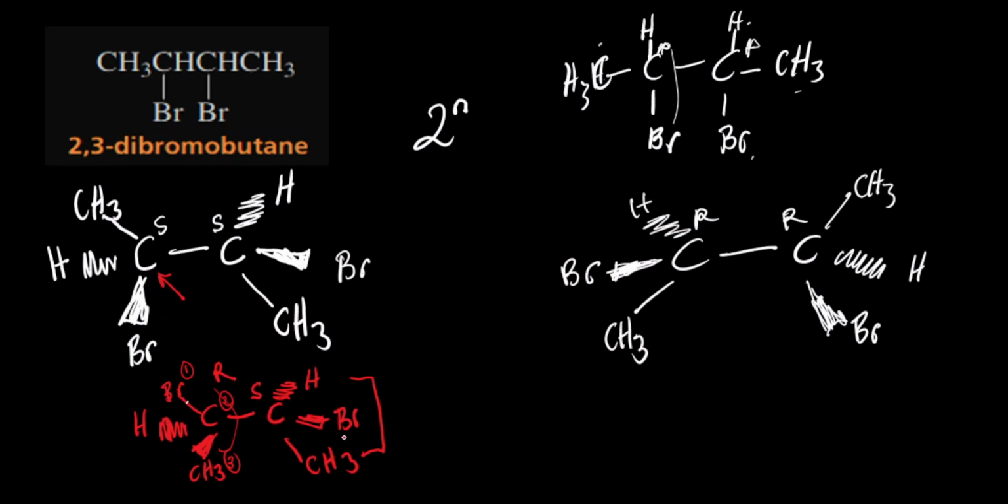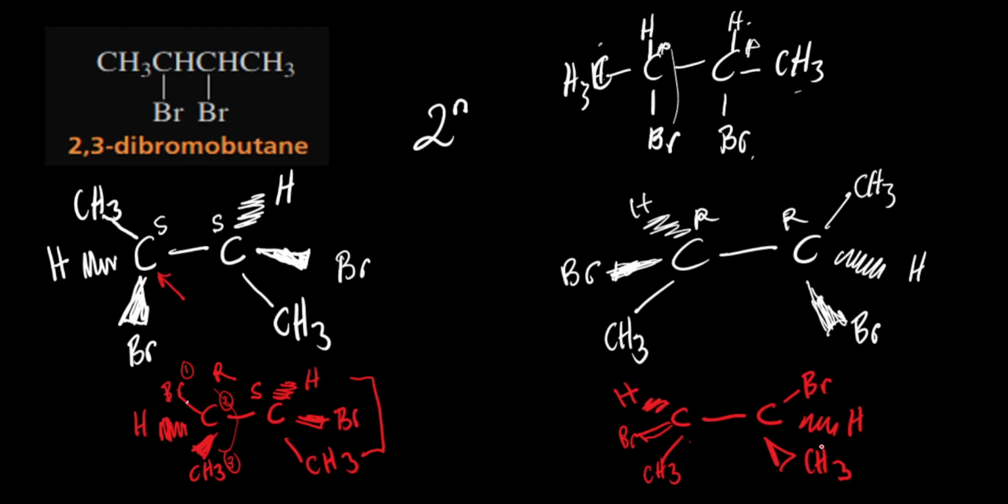Now let's make a mirror image of what we have here. A mirror image would look something like this. We would have hydrogen here, bromine here, methyl, and then hydrogen, and methyl here.